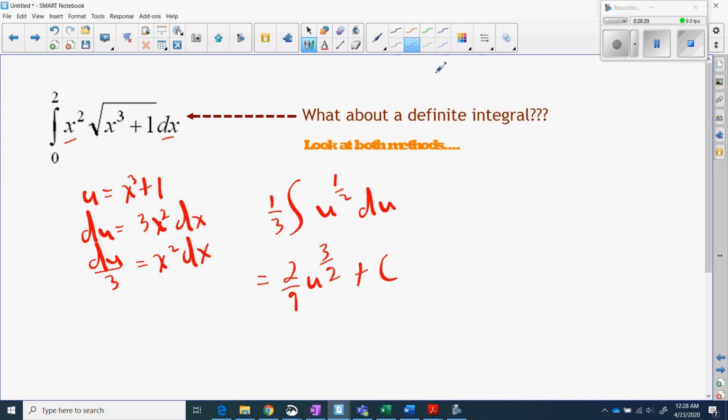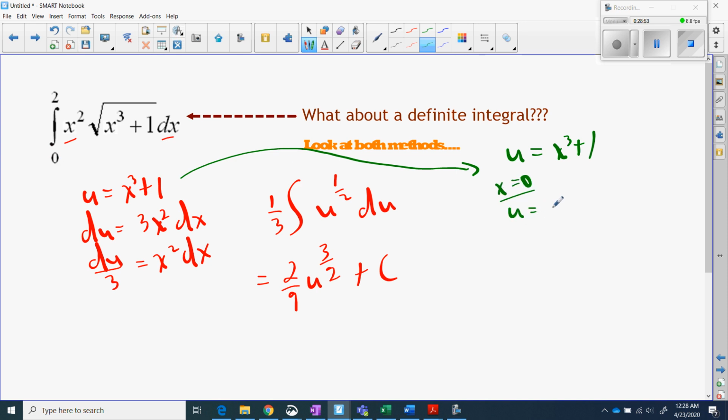Now, this is what I mean by you've got 2 options. What you can do is say if u equals x cubed plus 1, you can just stay with the letter u and switch your bounds. These are bounds on the letter x, so what would u be when x is 0?